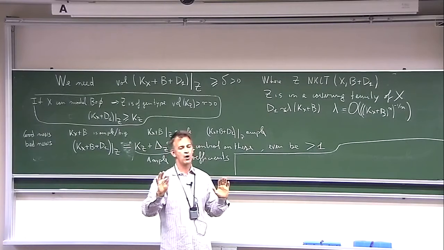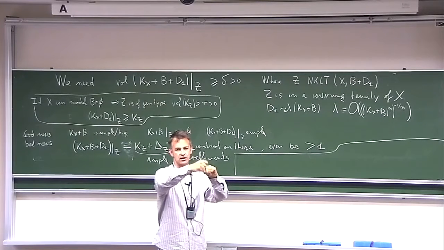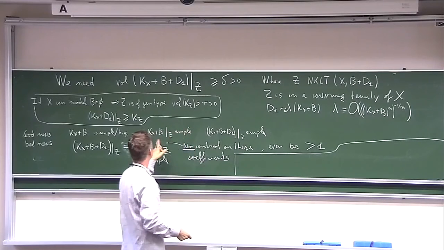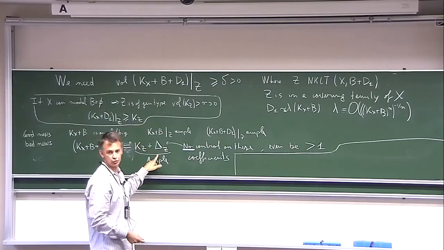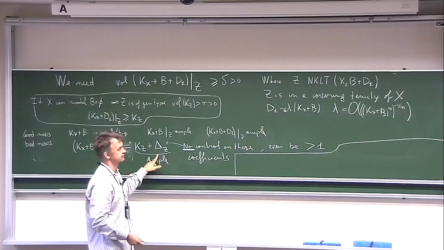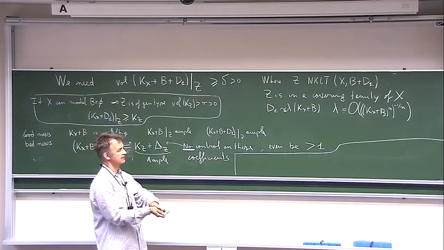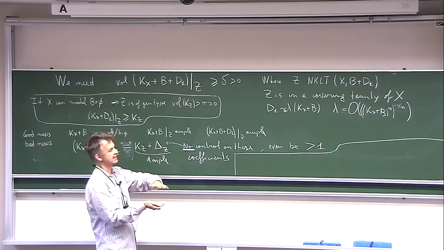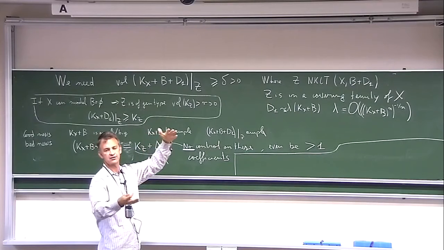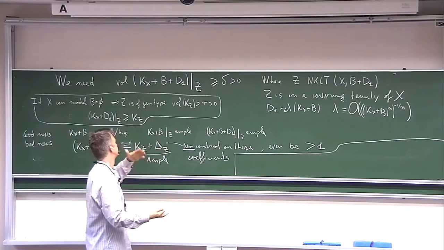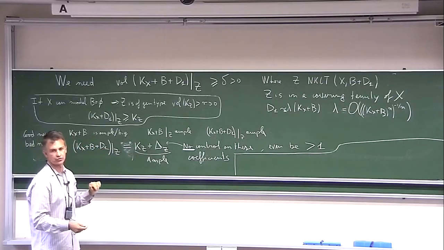You don't have to worry about it when you're creating the next log canonical center. However, when you're trying to compute this volume, you do have to worry about it. Right? So one option is to replace X by a higher model, which is some kind of log resolution. But then you have to be really careful with what you're doing.